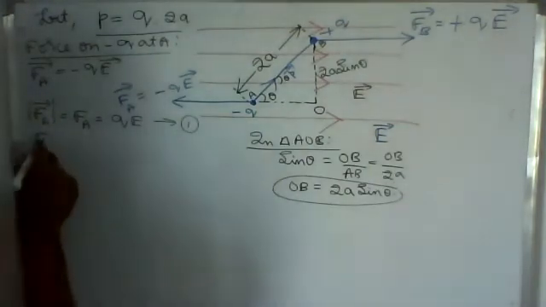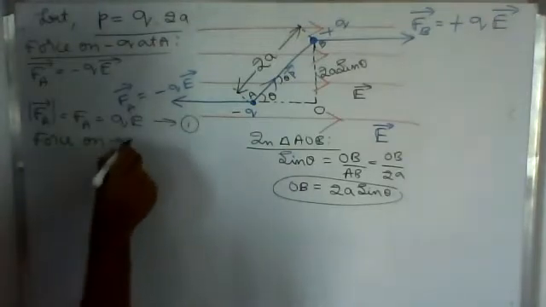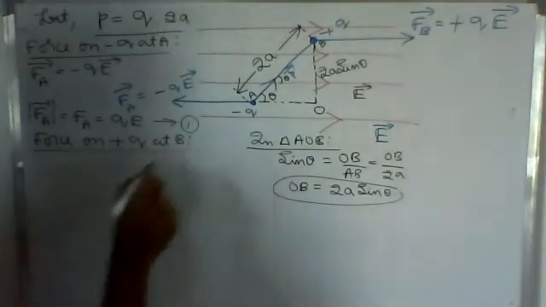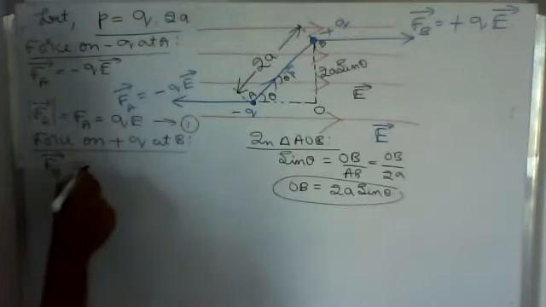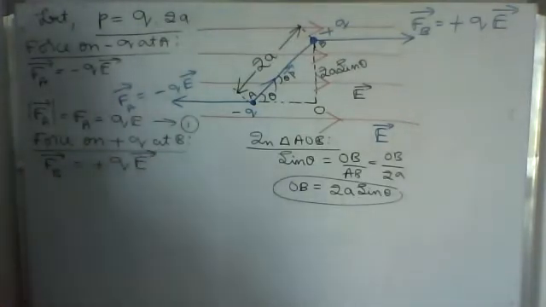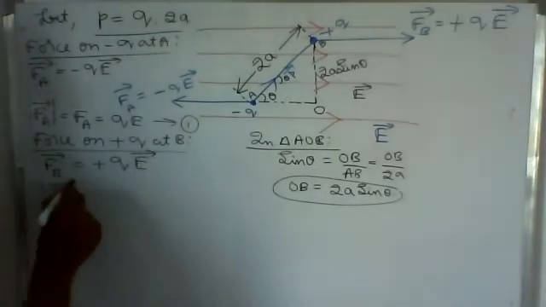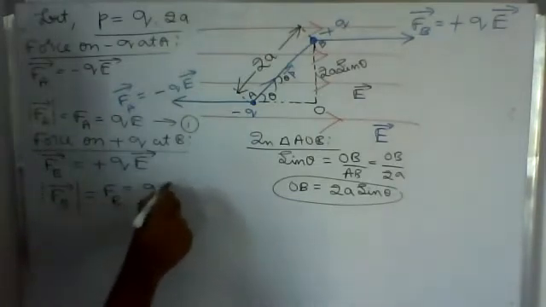Then the force acting on plus Q at B. That is FB vector. FB vector is equal to plus Q into E vector. So the magnitude of FB vector is FB, that is equal to QE.